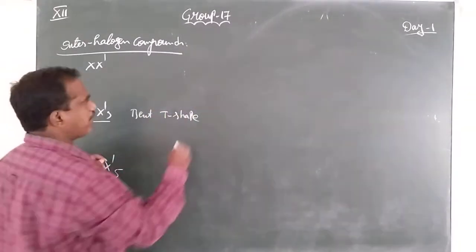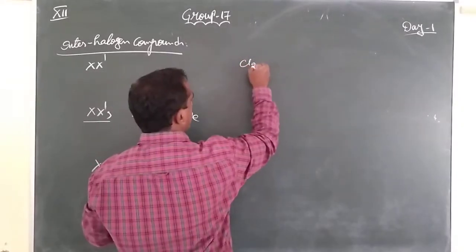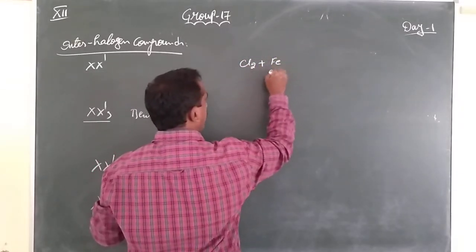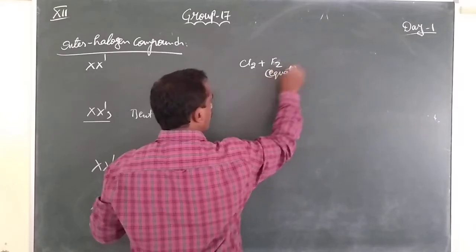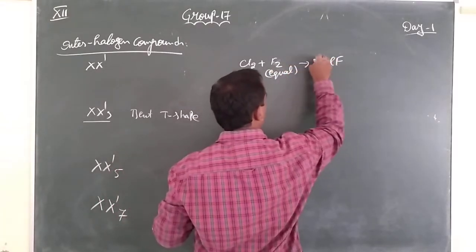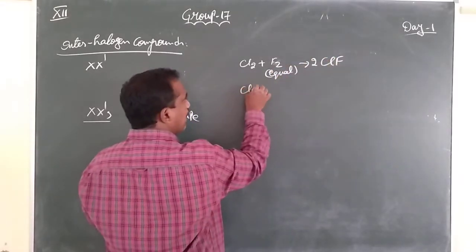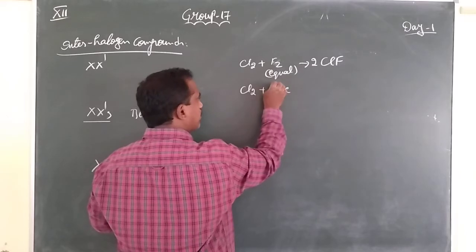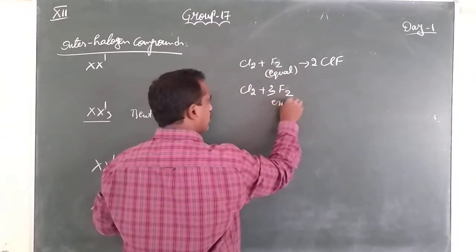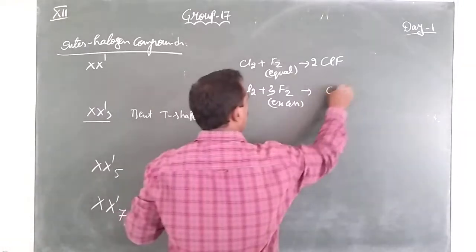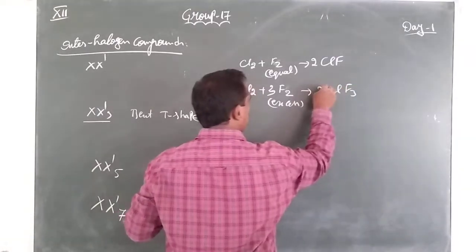Let me give you some preparations. Chlorine reacts with fluorine of equal volume to give ClF. Chlorine also reacts with excess fluorine to form chlorine trifluoride.